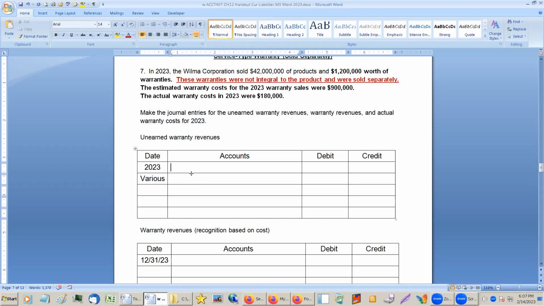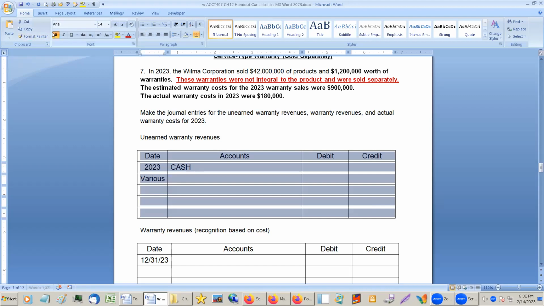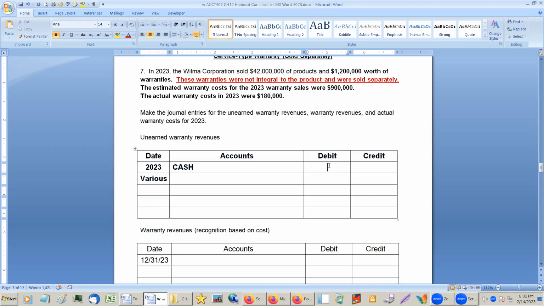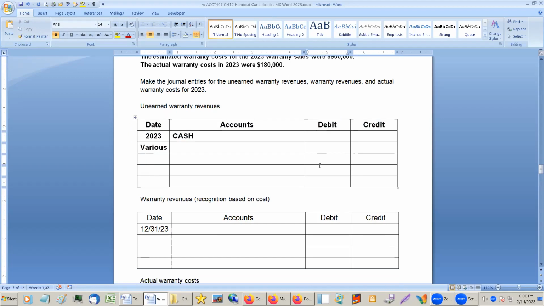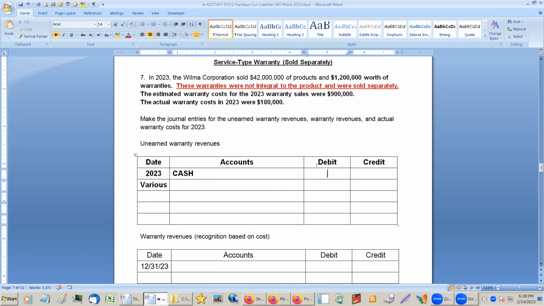So we're going to get cash for 1,200,000, and we're going to have unearned revenue, a liability going up.